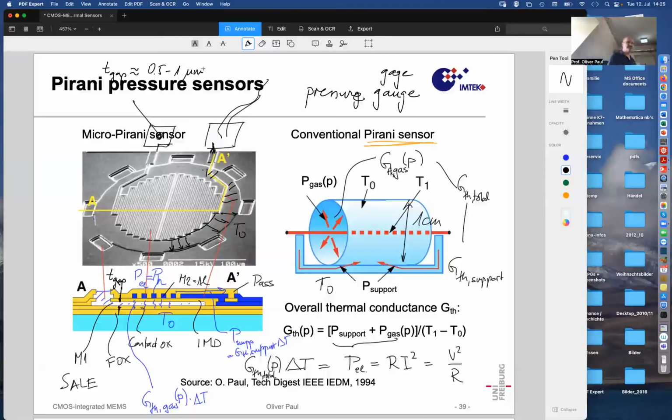I think in this process it was 0.65 micrometers. So this is very small. And when you think about 650 nanometers and the free mean path of the molecules in air, which we mentioned to be around 100 micrometers, then it's not so far away from the Knudsen regime transition, from bigger to smaller, or smaller to bigger than 1.